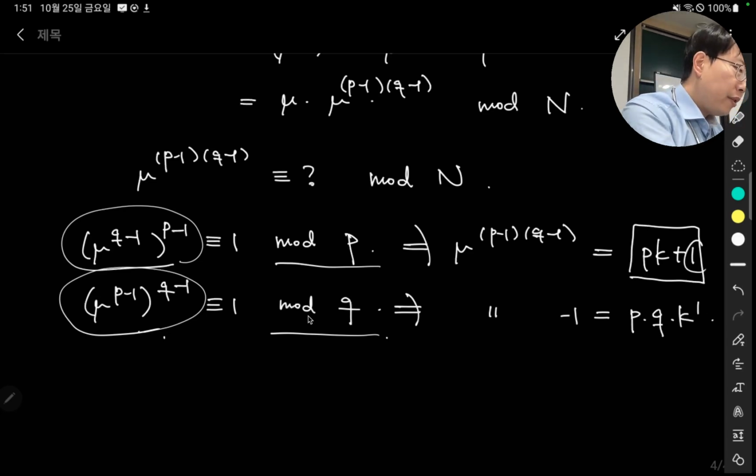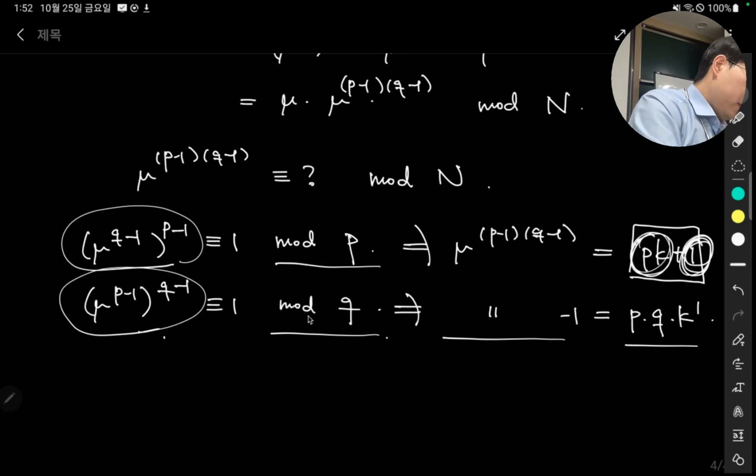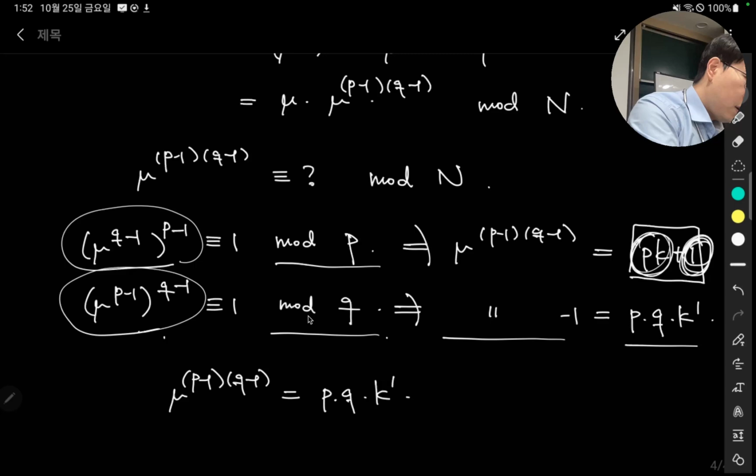Because we have remainder 1 already, and if this is not a multiple of Q, you're not going to get 1. So PK must be a multiple of Q so that we get the remainder 1. So mu to the power of (P minus 1)(Q minus 1) equals, as a natural number, P times Q times some natural number K prime, plus 1. So when you mod this by PQ, which is n, you always get 1 again.